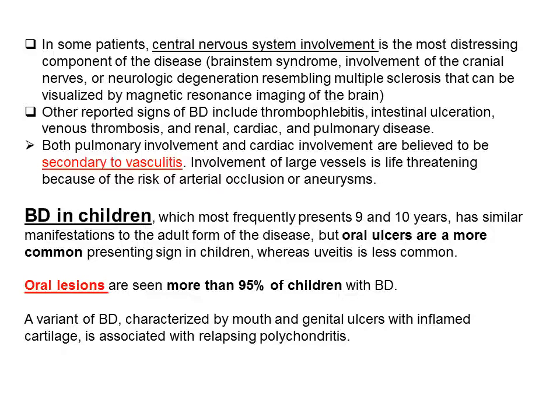Behçet disease in children is most frequently seen in patients between 9 and 10 years of age. Manifestations are similar to Behçet disease in adults, but oral ulcers are more common as the presenting symptom in children, whereas uveitis is less common. Oral lesions are seen in more than 95% of children.